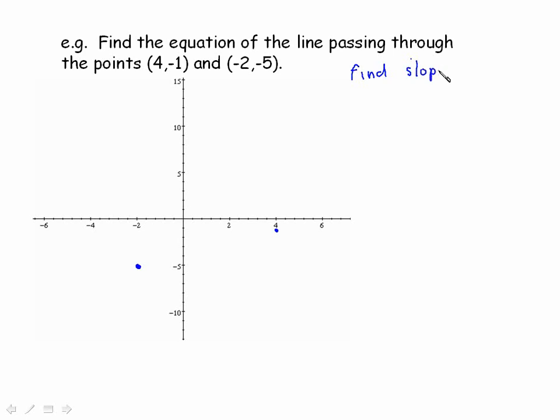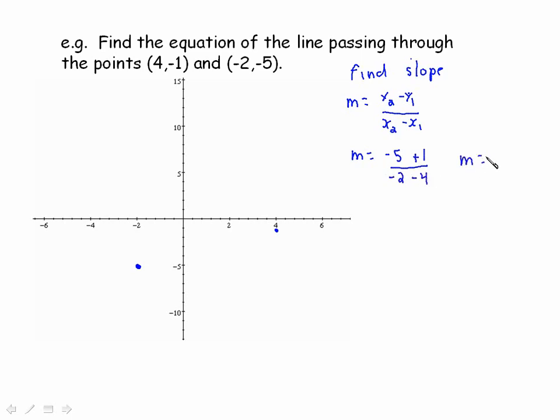So we use the regular slope formula because we have a surplus of points, but we do not have the slope yet. So y2 minus y1 over x2 minus x1. So m is equal to negative 5 minus negative 1 is plus 1 over negative 2 minus 4.